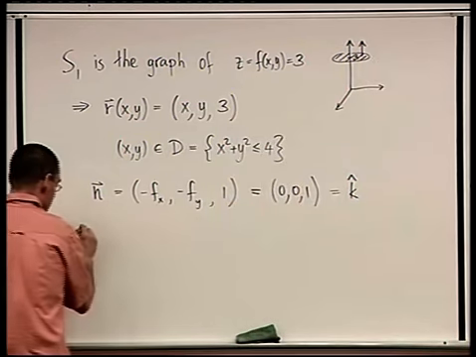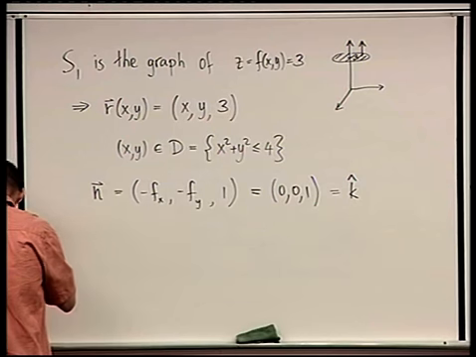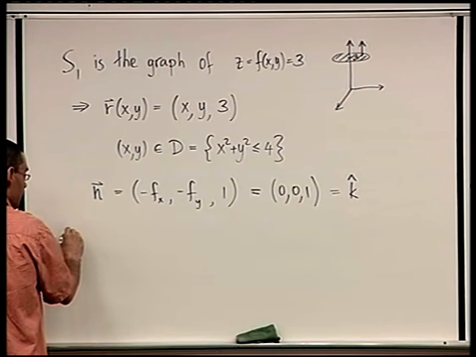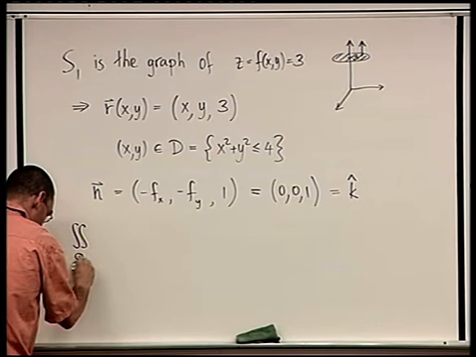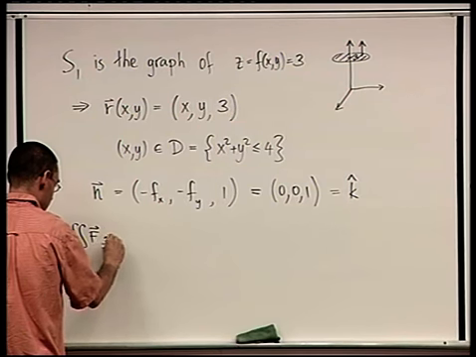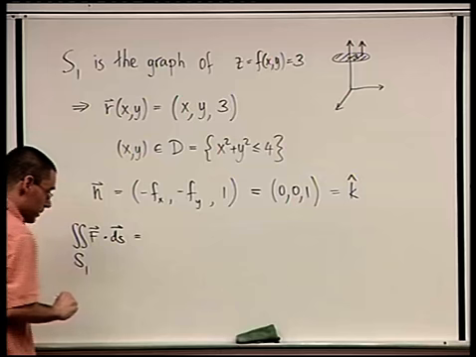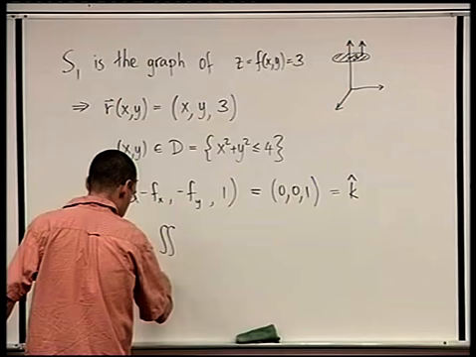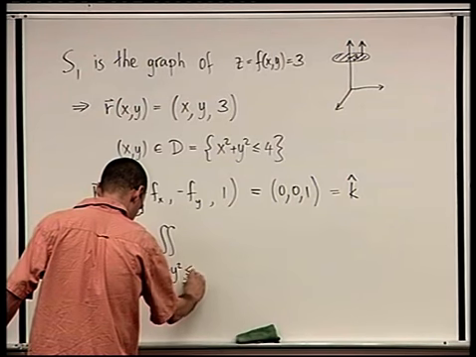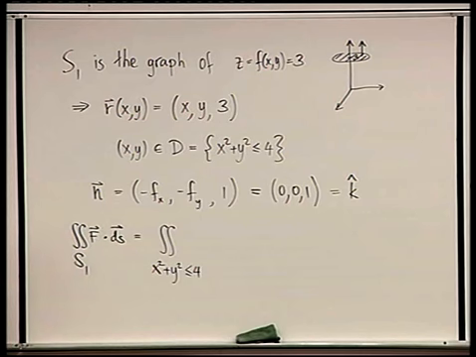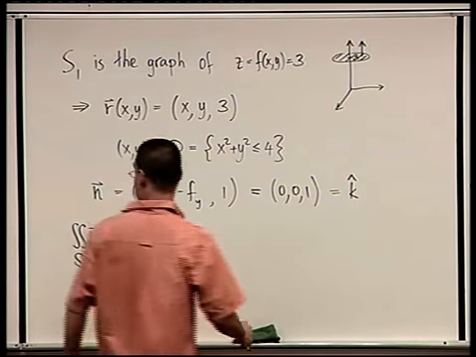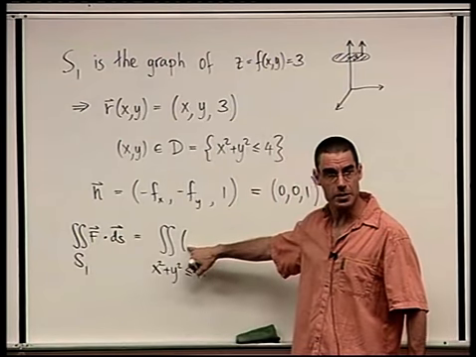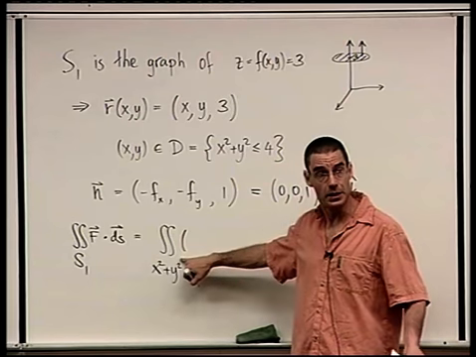So what we need to calculate is the flux: the double integral over S1 of F dot dS is the double integral over the domain, which is just the disk in the xy plane, of the field. The P component was 4x. That was the i component of the field.